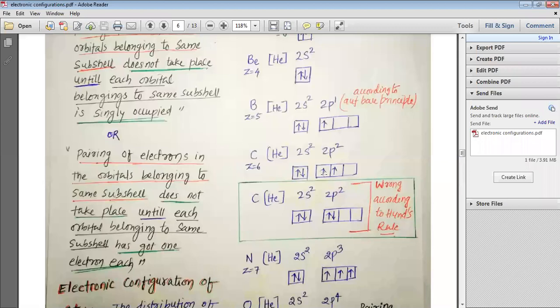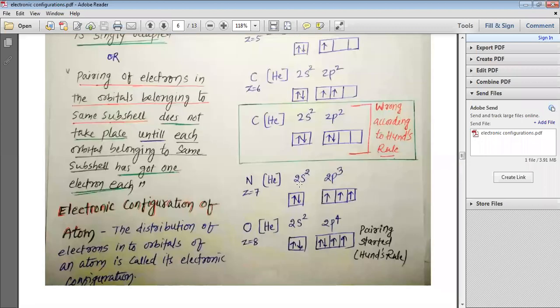They are degenerate orbitals, and pairing starts only when all three orbitals are singly occupied, or all three orbitals have one electron each. That is why in nitrogen, Z = 7, [He] 2s2 2p3, we fill all the electrons with the same spin, and all three orbitals have a single electron, and all three electrons have the same spin.